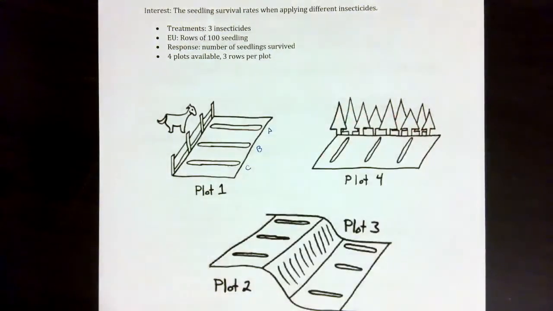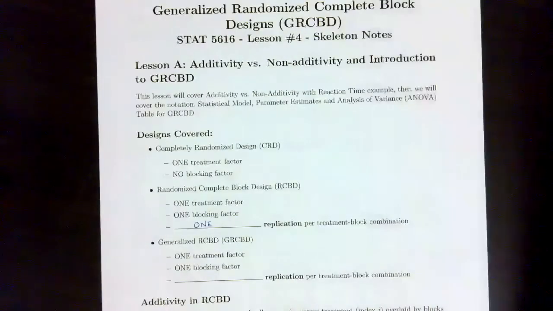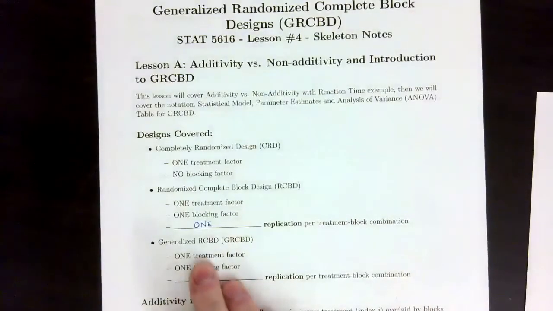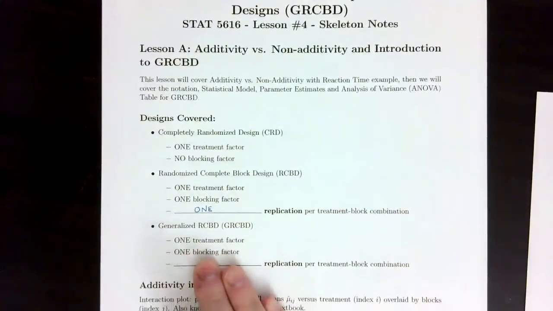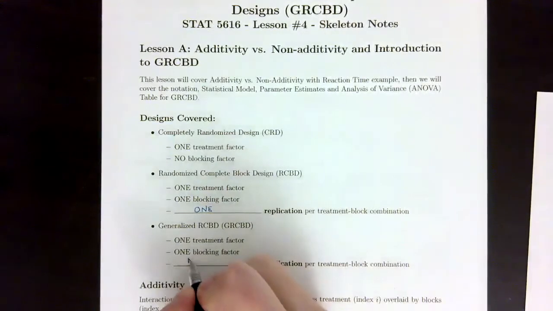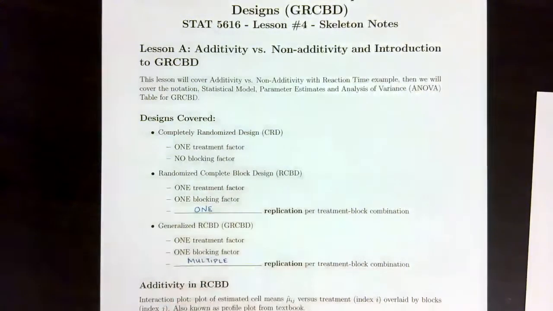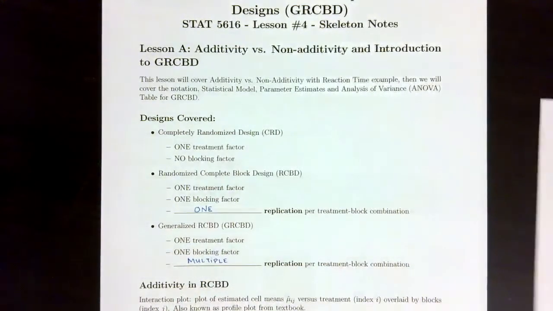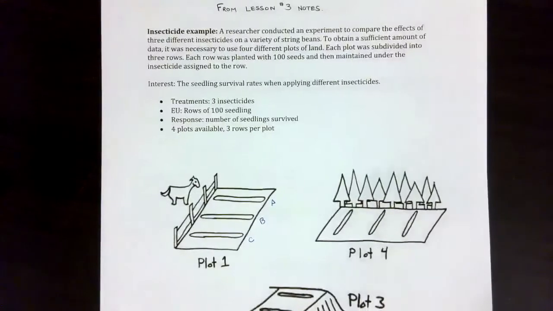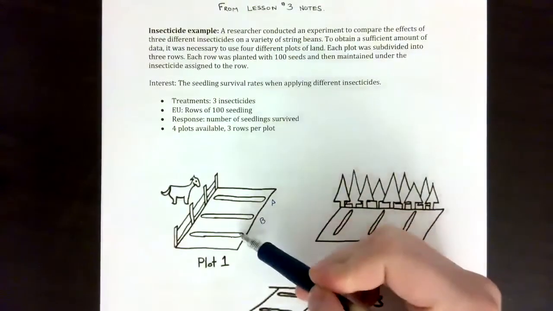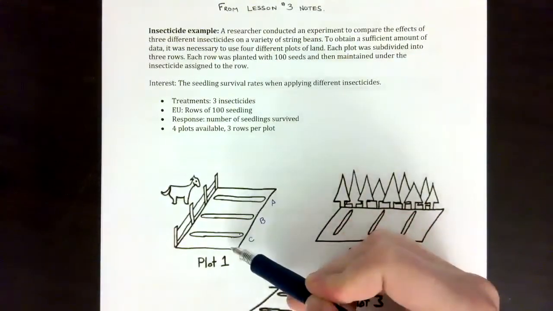How we're going to differ is that the generalized random complete block design still only has one treatment factor, still only has one block, but now we're going to have multiple replications per treatment block combo. So how that would look in our insecticide example would be, right now we just have these 3, so this would be one replication.